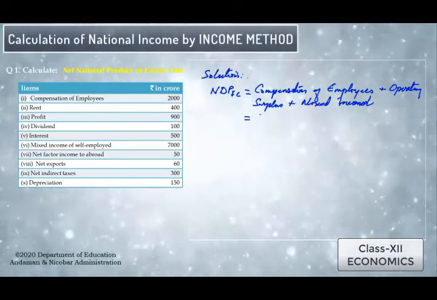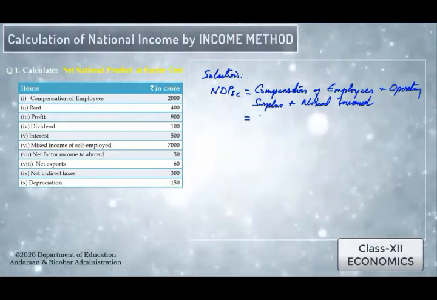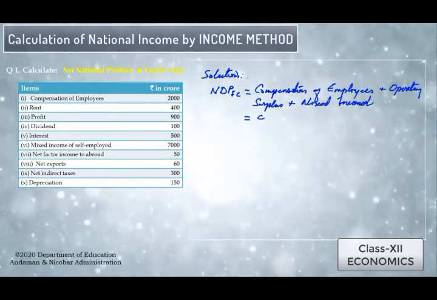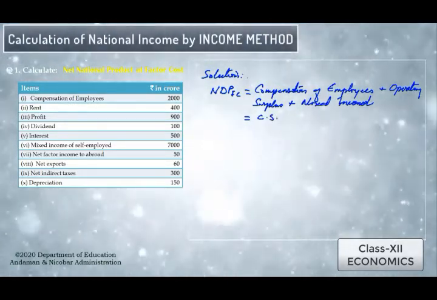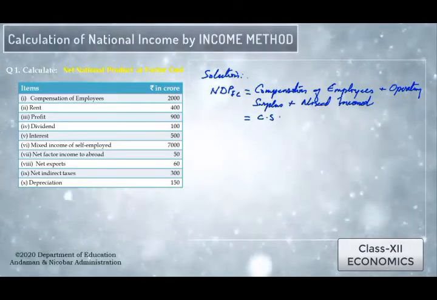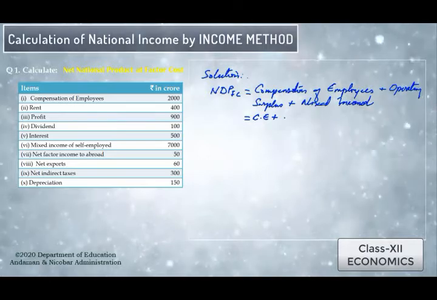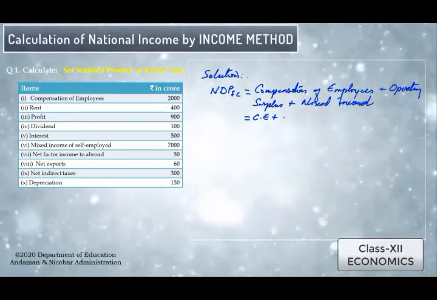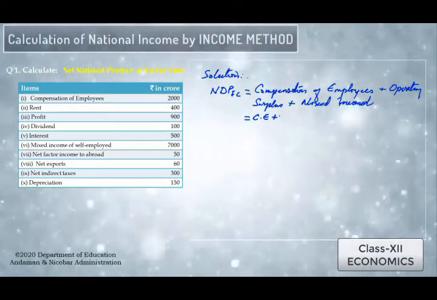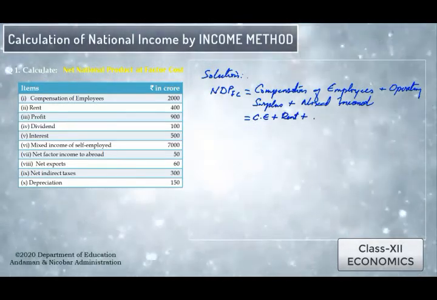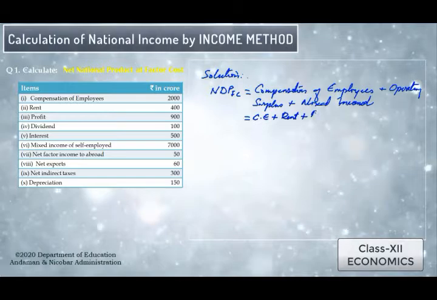Now look at the question. In this question the value of compensation of employees is given, as 2000 rupees. Then in the operating surplus we have the value of rent, along with which the value of profit is also given.